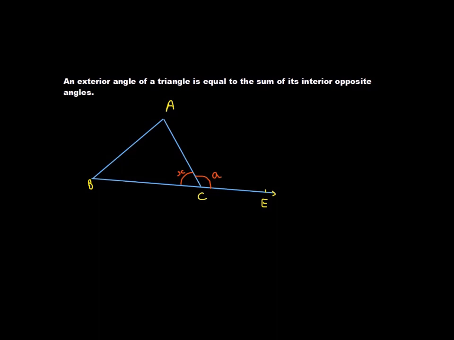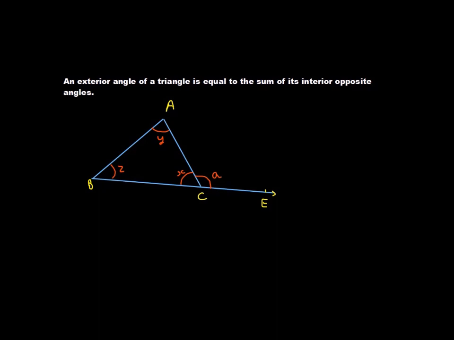The other two interior angles, say Y and Z, these two angles will be called the interior opposite angles. They are interior and they are opposite to the vertex where angle A is made, where the exterior angle is made.